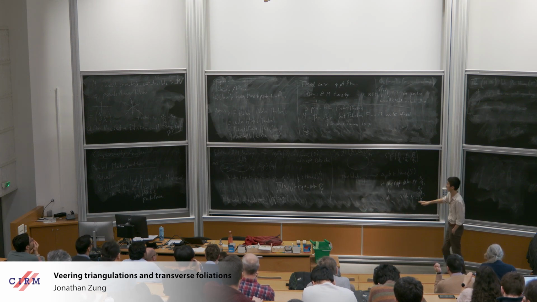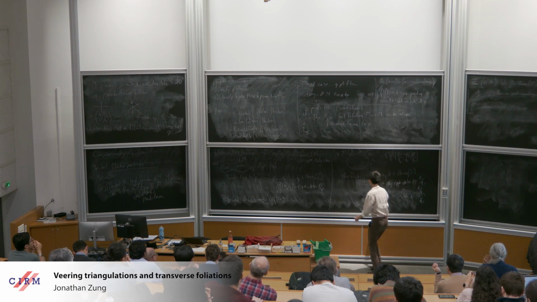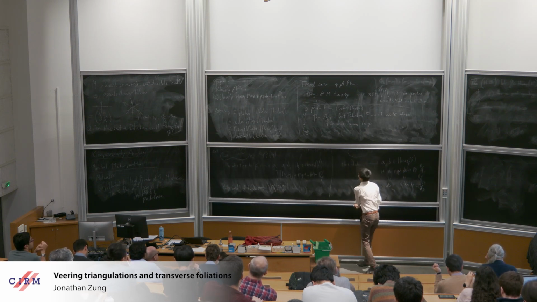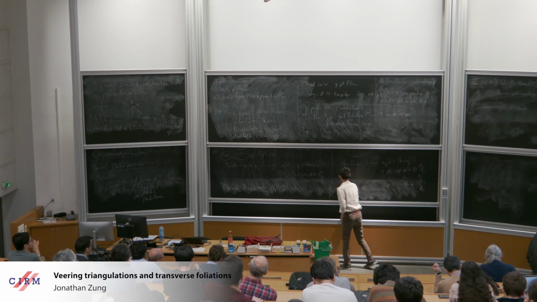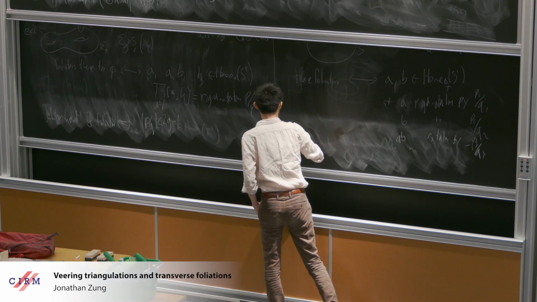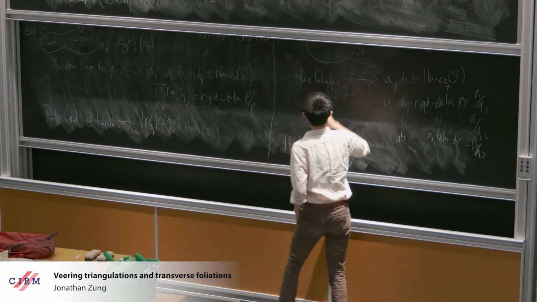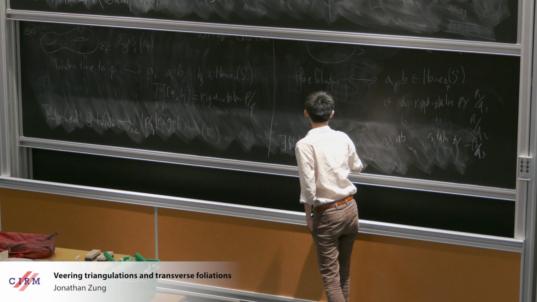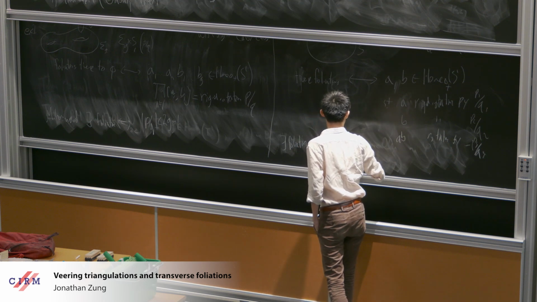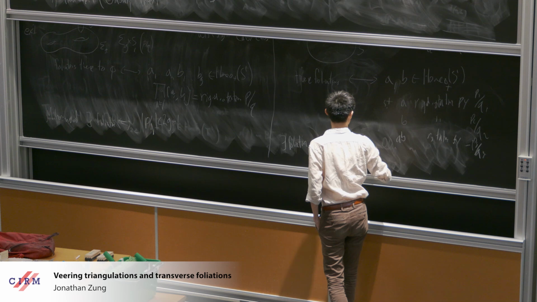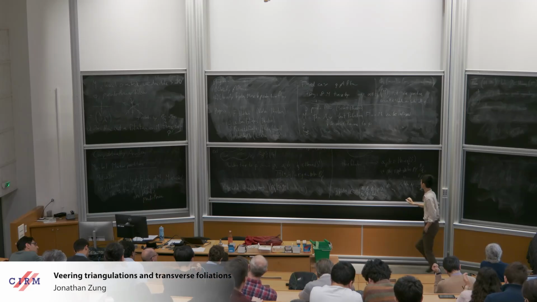Okay. Over here, there is also a complete description, but maybe I won't tell you the precise description of this set. But there exists a foliation transverse to this Seifert fibering if and only if this triple p1 over q1, p2 over q2, p3 over q3 lies in some set that I'll call Z in R3.